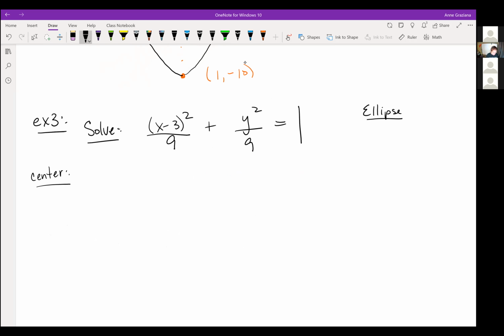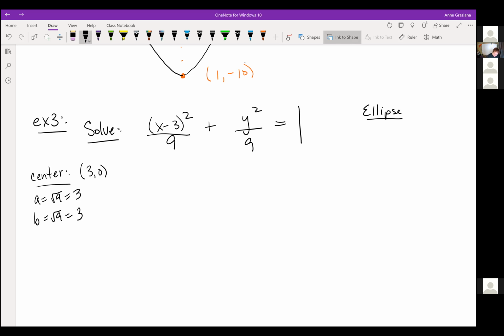What would you say the center is? Is it positive 3, 0? Yes, very good. So 3, 0. And if you notice, look, the A and the B are the same. A is square root of 9, which is 3, and B is square root of 9, which is also 3. Okay.